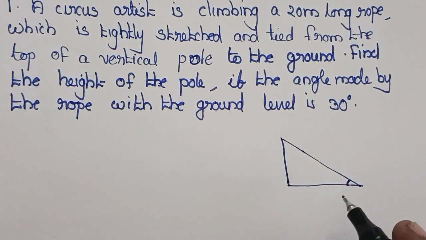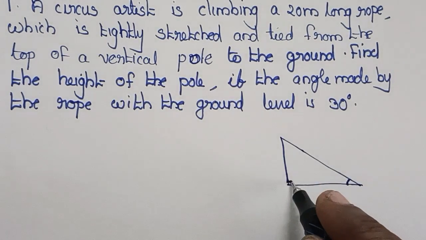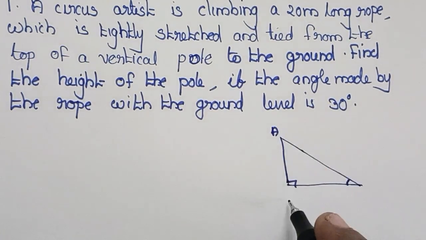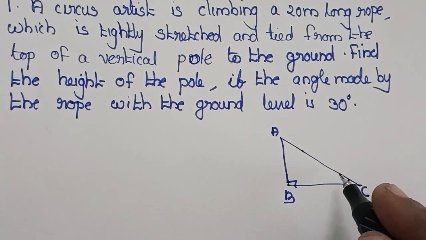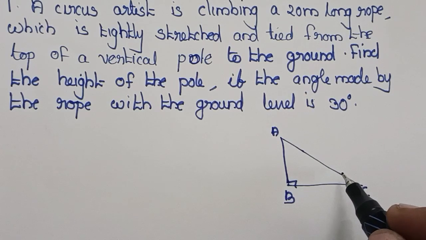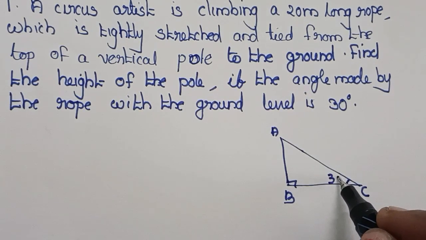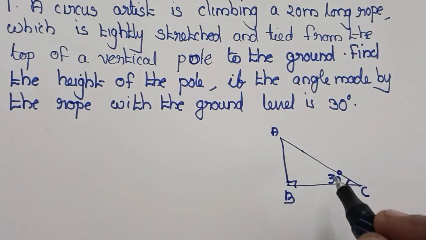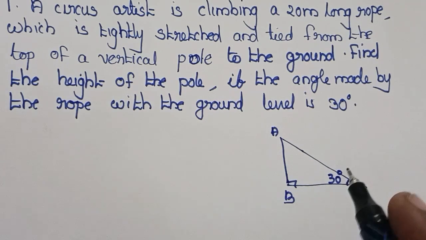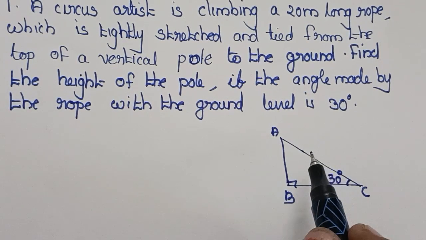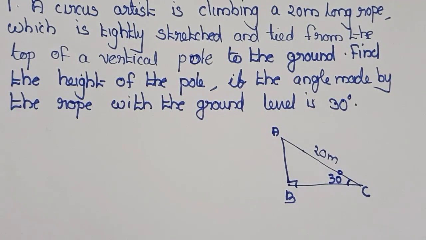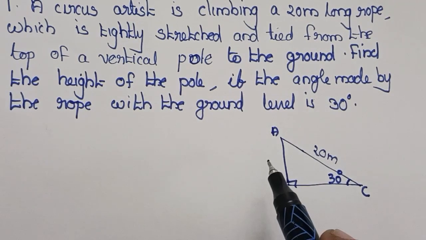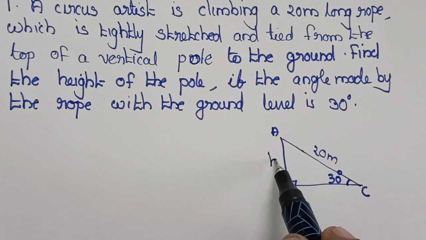Now we can draw a triangle ABC, right angle at B. The angle made by the rope with the ground is 30 degree. It is given. Length of the rope equals 20 meters. Now we have to find the height of the pole.